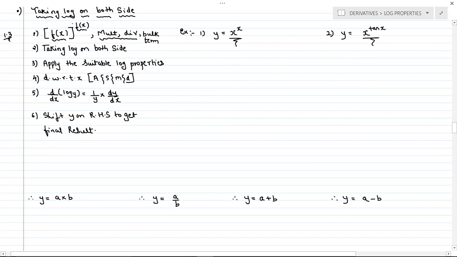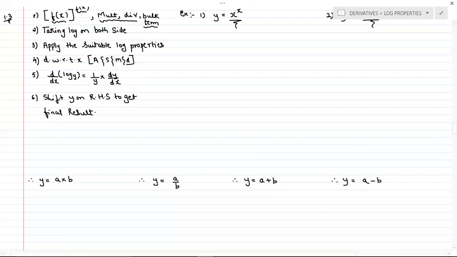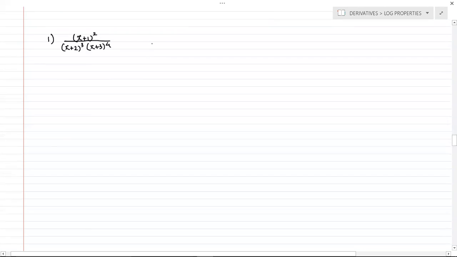And the last one, whenever you see a bulk term, bulk means many terms, many functions. Suppose in a particular question you have more than 2 terms, consider it a bulk term. So here I will show one example. Consider this example as a bulk term. Clearly we can see that x plus 1 the whole square is there, then x plus 2 the whole cube, x plus 3 raised to 4.